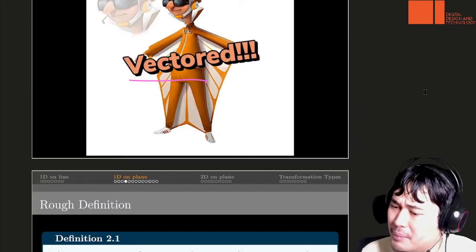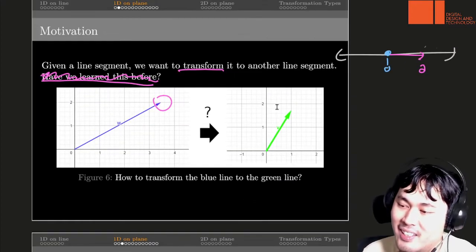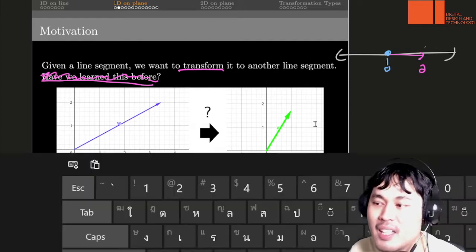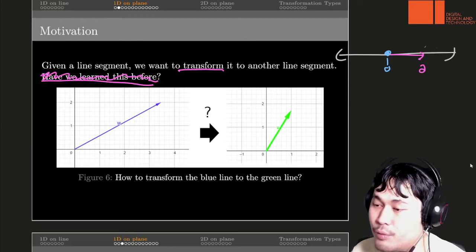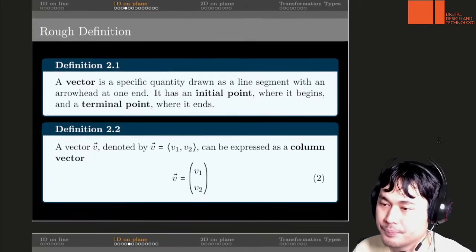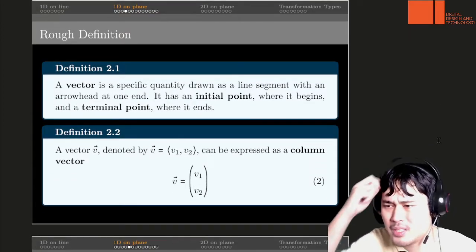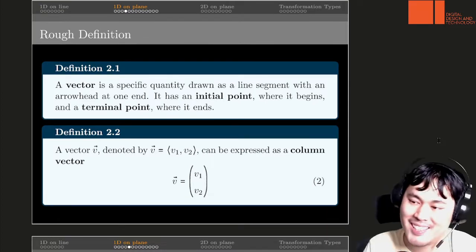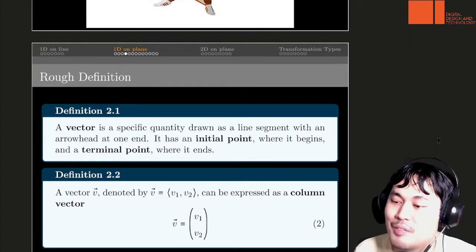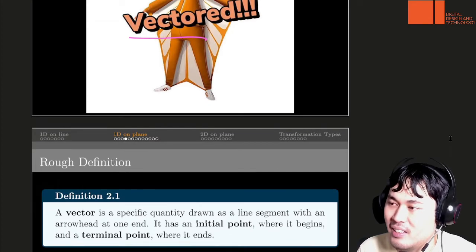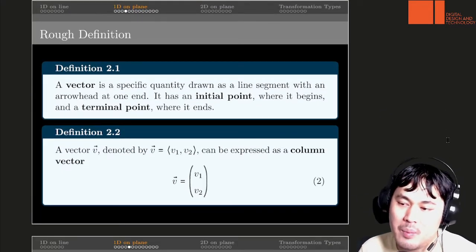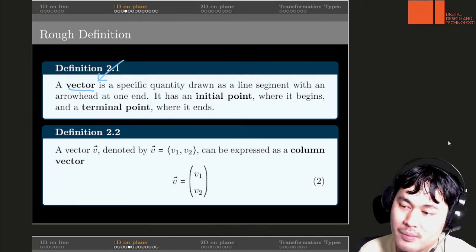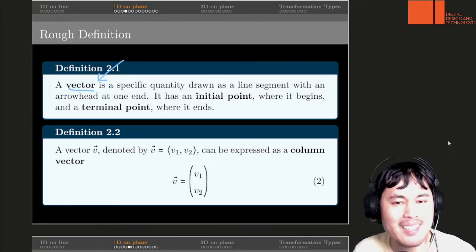But first, let's define the thing that we just drew, like this blue arrow and this green arrow, as a new object called a vector. If you take a look at my other lecture, you can see I talk about vectors for a bit. You may hear this word everywhere, especially if you use image editing software.